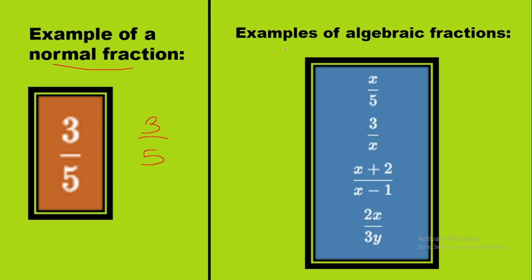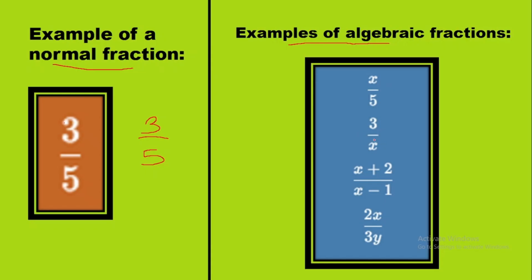However, if we look at the examples of algebraic fractions right here, we'll realize that there are letters in the fractions. For the first example, you'll see that we have a variable at the top part of the fraction, whereas in the second fraction, we have our variable at the bottom part.